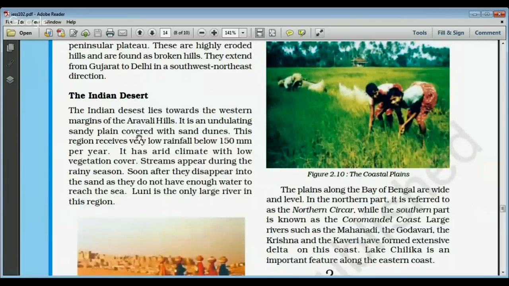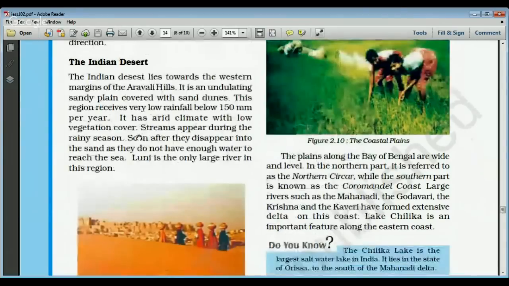Then the other major physiographic division of India is the Indian desert. It lies on the western margins of the Aravali, in the westernmost part of India, and it is an undulating sandy plain. It is covered with sand dunes, and it is the most arid region of India, receiving very low rainfall, below around 150 mm per year.